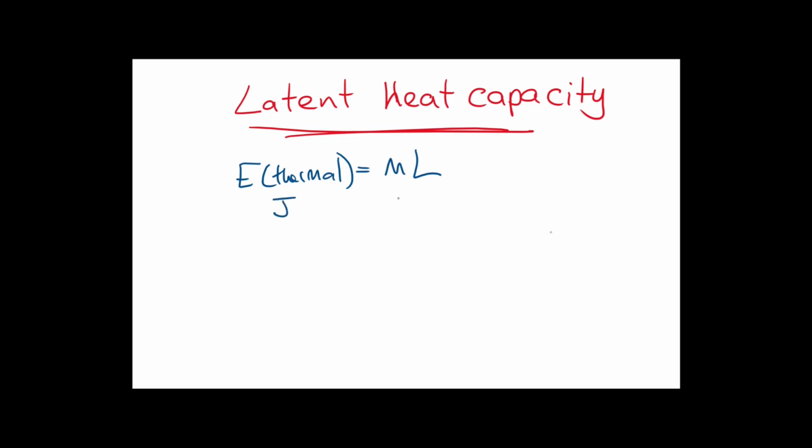E thermal is the same, so this is going to be in joules. This is going to be in kilograms. And this is going to be joules per kilogram. All right. What does this mean?